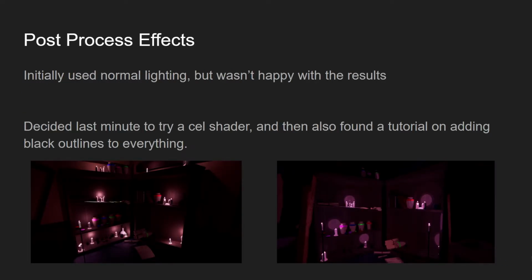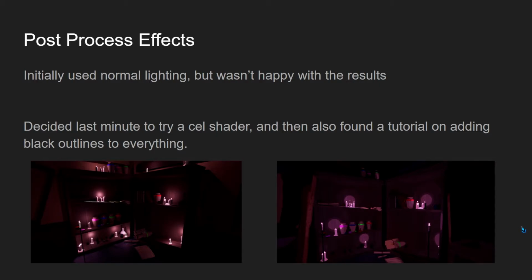The last big thing I did, which I definitely did not do today, and is why I'm re-recording this video at 4:51, is that I got everything done but I was not happy with the lighting. I wanted it to be dark and atmospheric, but still able to see everything.